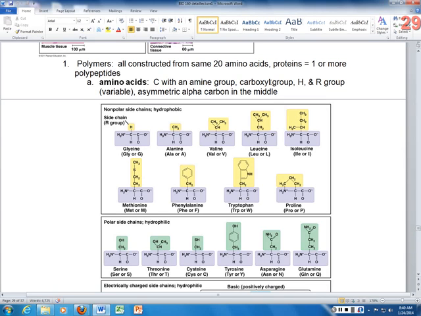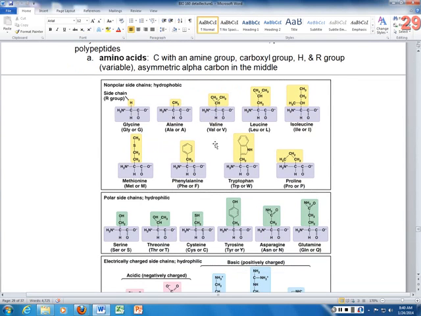And then they have this R group, and that R is what's variable. This is the only thing that's different in all 20 of them. Everything else is the same. So this shows pictures of them here where you've got R and, well, they didn't just highlight R, they highlighted the amine and the acid group in there.